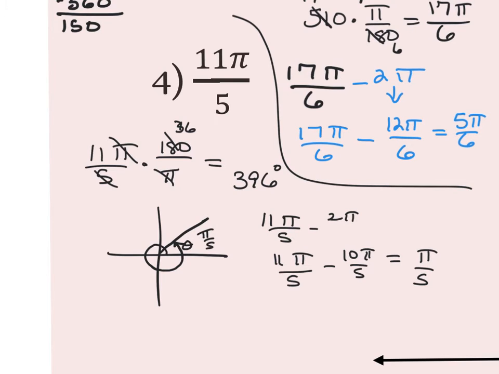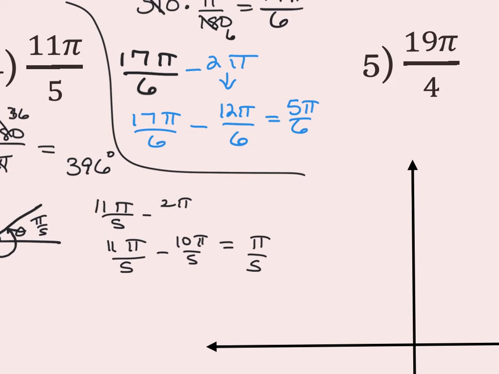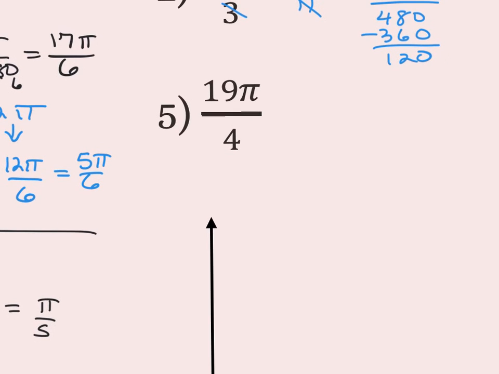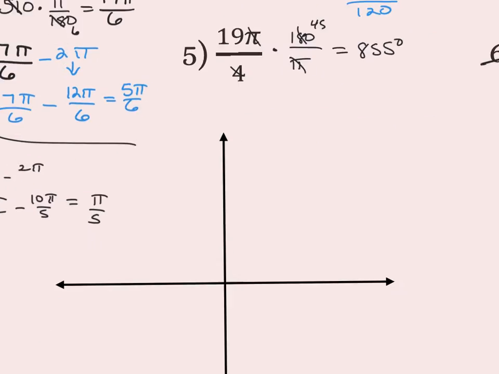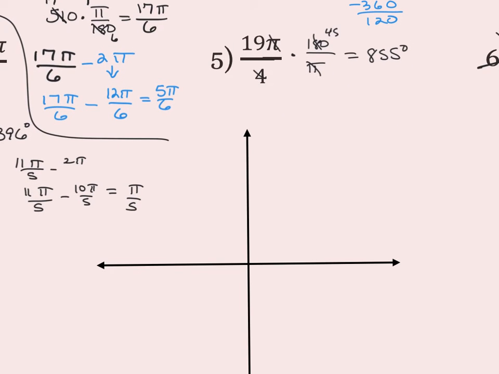One last one before we go on to the length of the arc and the area of the sector. So again here, if I want to see degrees, cancel, cancel, cancel, 45. 19 times 45 is 855. I'll do it on this one that's here. So again, way too big.